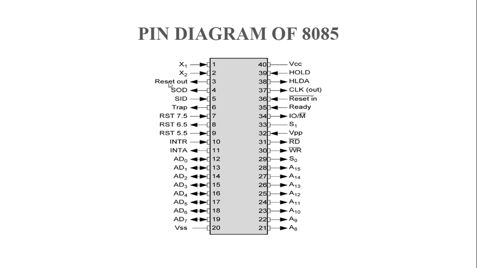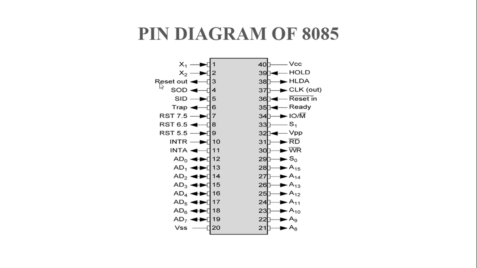Going to the pin reset out. Reset in is the input pin, while, as you observe, this pin number 3 is the output pin, reset out. Through this pin we check whether the microprocessor is in reset condition or not.